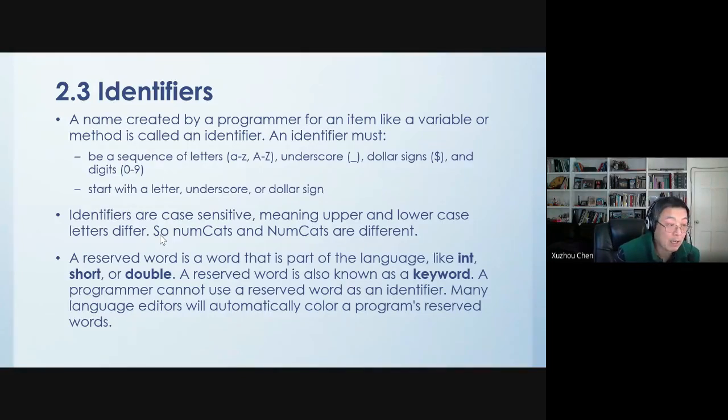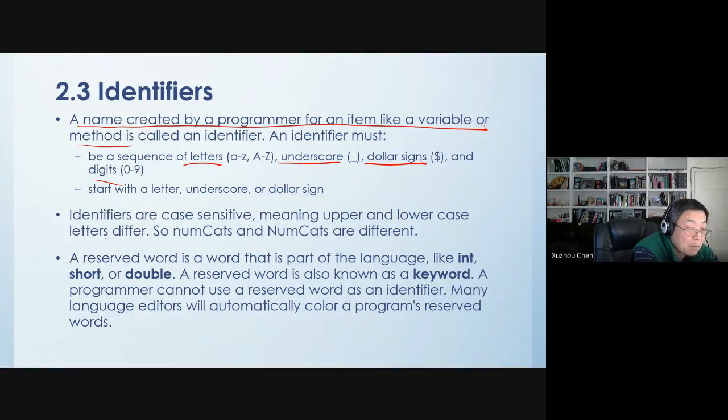When we talk about identifiers, Java identifiers are very similar to Python identifiers. An identifier is basically a name created by a programmer for items like variables or methods. An identifier must be a sequence of letters, underscores, dollar signs, and digits. So you can only use these characters to define an identifier.